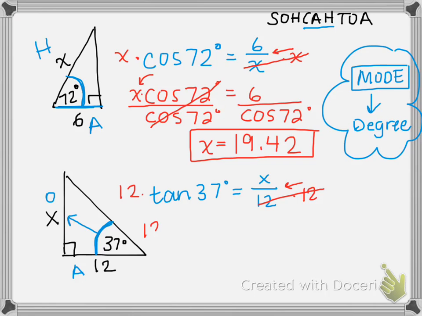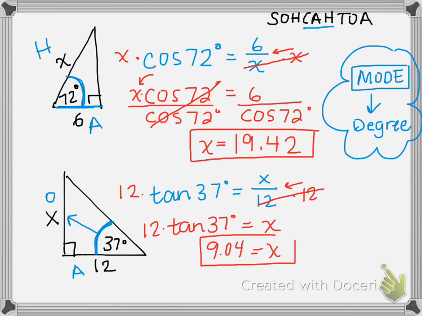So we have 12 times tangent of 37 degrees equals x. And when you put that into your calculator, you're going to get that x equals about 9.04. And if you remember, this is going to be your side length right here, wherever x is. That's going to be your side length.